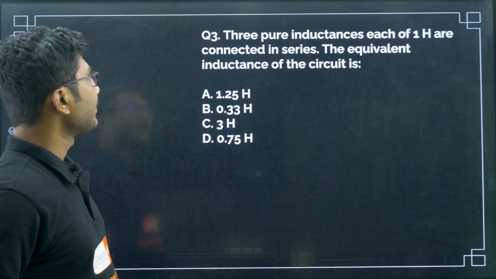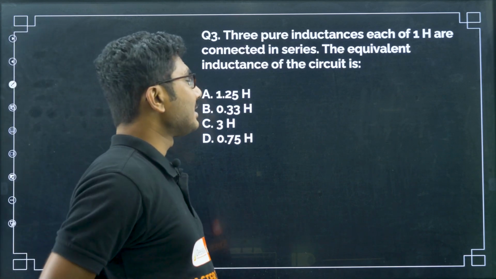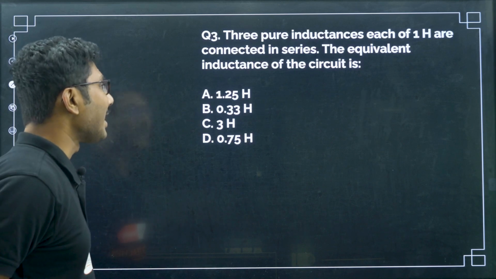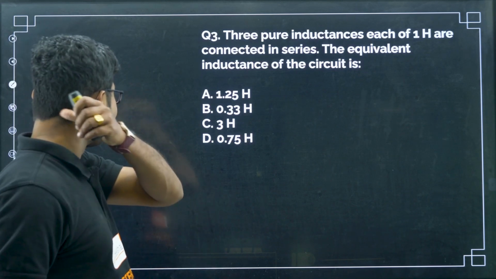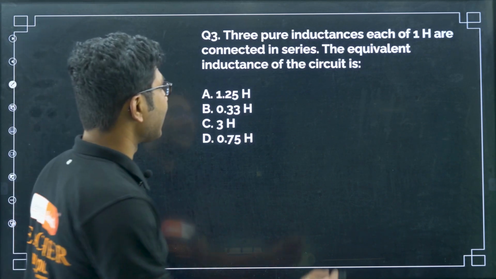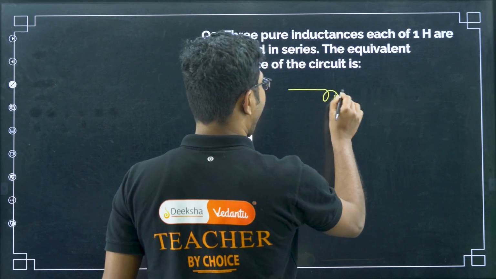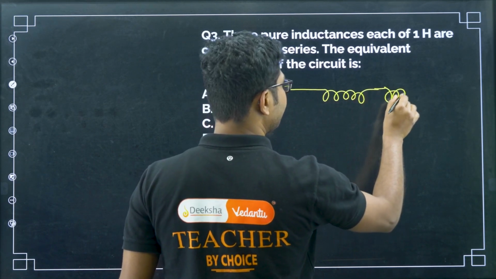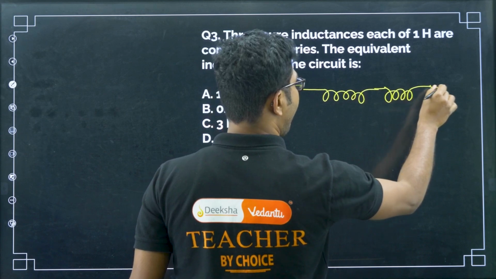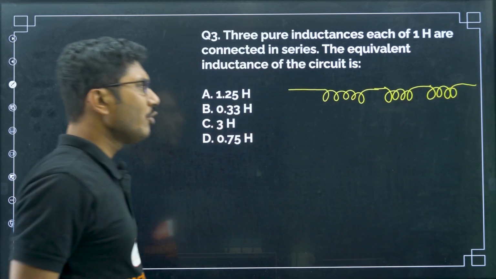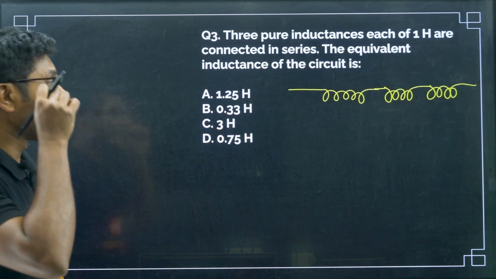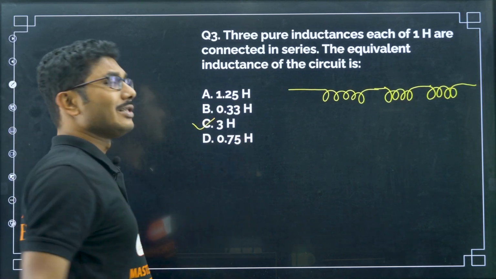Now next question: 3 pure inductances each of 1 Henry are connected in series. The equivalent inductance of the circuit is? When inductances are connected in series, their inductances get added, so the correct answer is 3 Henry.